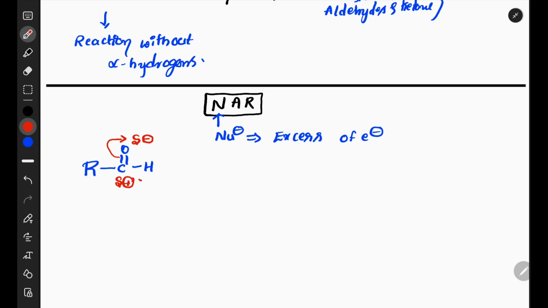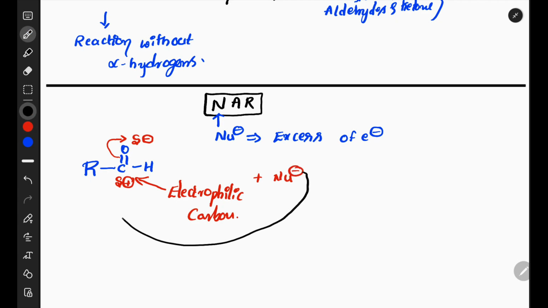Now this carbon we call the electrophilic carbon. When a nucleophile is there, it attacks the electrophilic carbon, and we get the product like this. This is called a nucleophilic addition reaction.